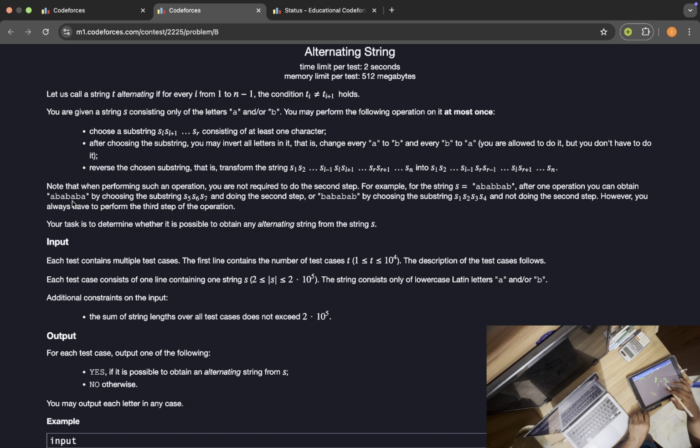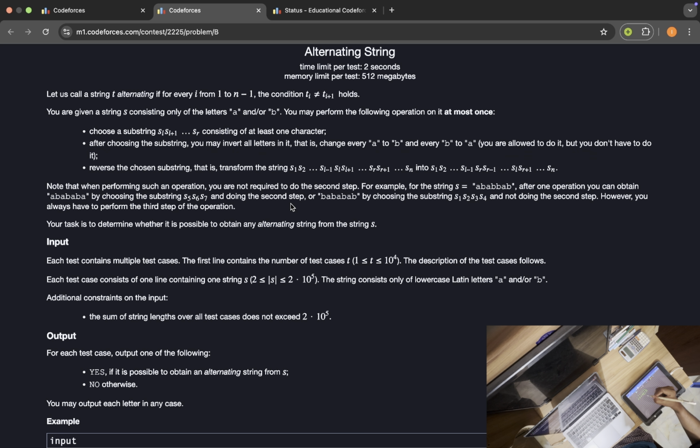Second step. What did it mean by second step? A B A B B A B, positions 1 2 3 4 5 6 7. So choosing 5 6 7 and doing the second step. What's the second step? Okay, reversing it.